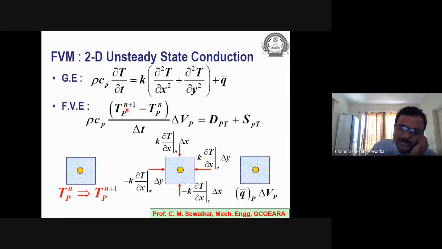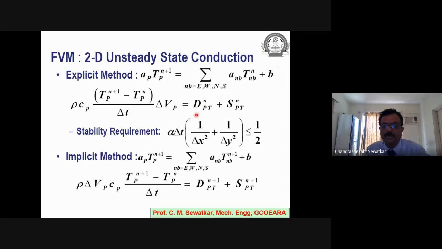What is left to be determined is TP at n+1, because TP at the nth level is also known to me from my initial condition. Delta t is the time duration which we need to decide. How to decide? There is a stability criterion. We'll talk about that. And these are the properties which are known to us.